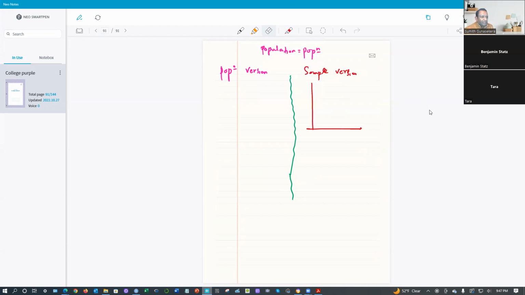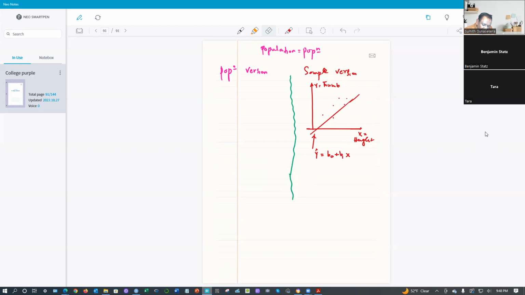In the sample version, you have y based on the data. See this one. Now the height is this kind of a line and y hat. I'm going to write y hat equals b naught plus b1x.